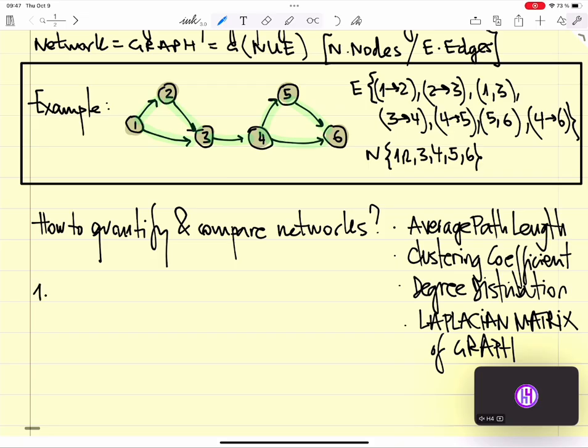So the first one is called average path length, in short APL. Okay? This is the average distance between the nodes.